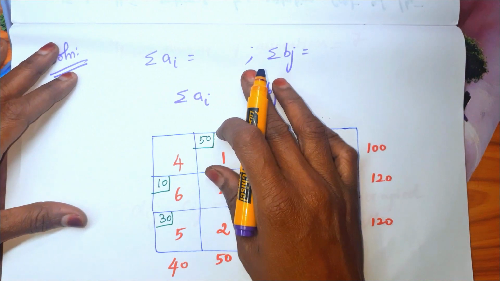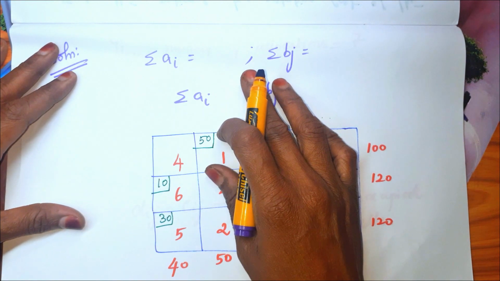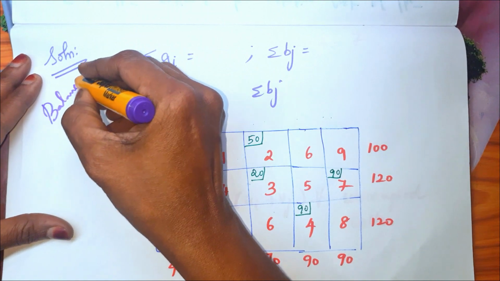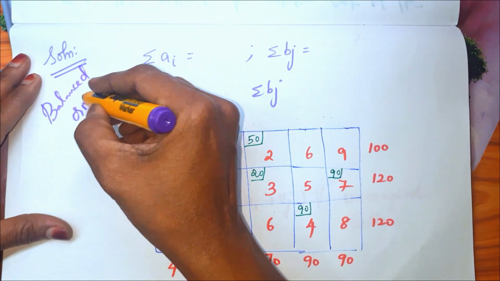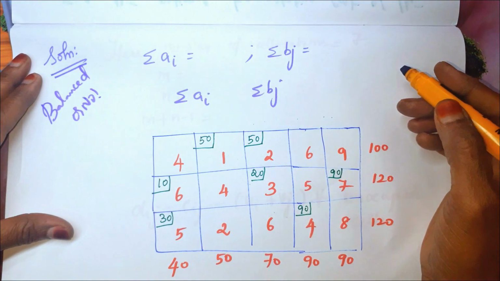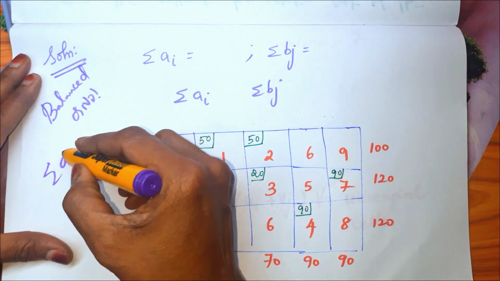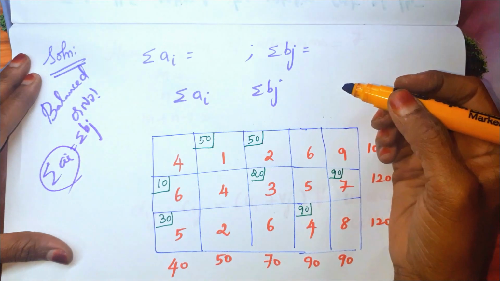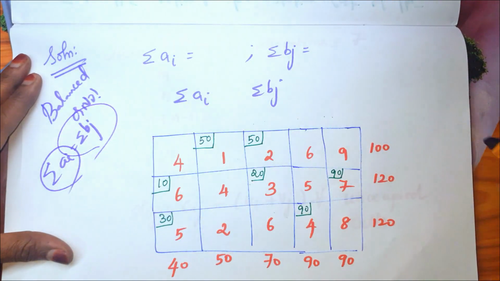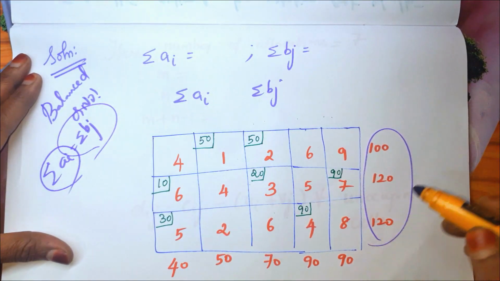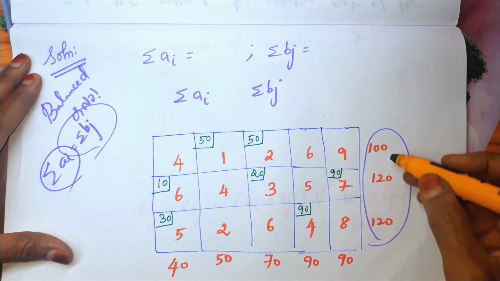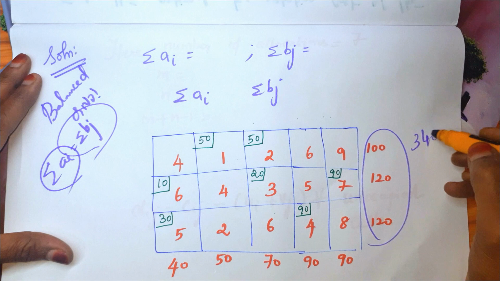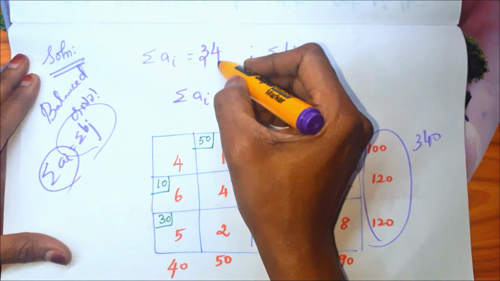As usual, before going into the solution, first we have to check whether the given TP is balanced or not. How to find a balanced TP? Summation Ai equals summation Bj. Summation Ai means row total, summation Bj means column total. See the row values: this is A1, this is A2 and A3. When you sum, you get 340. So summation Ai is 340.